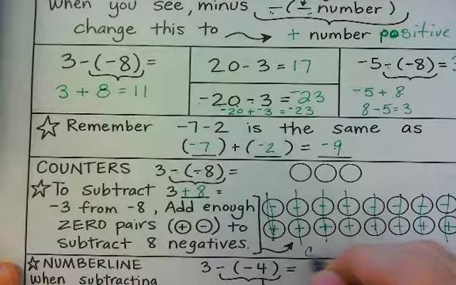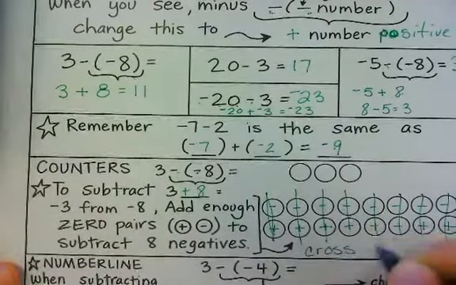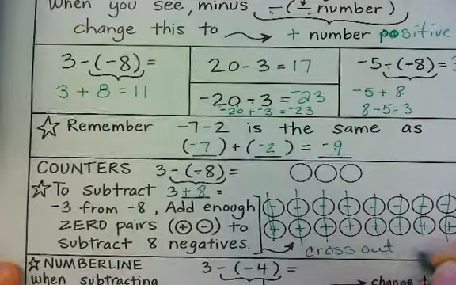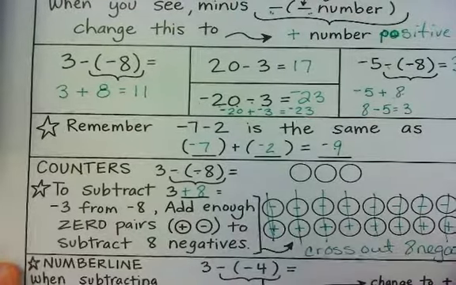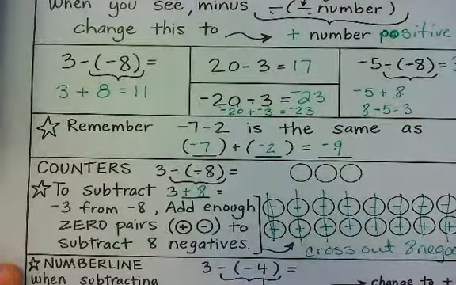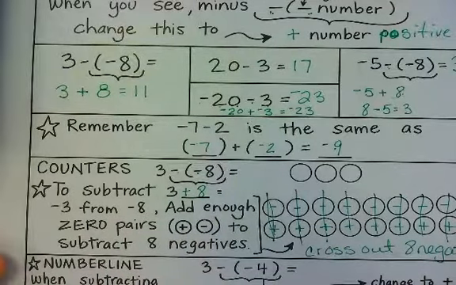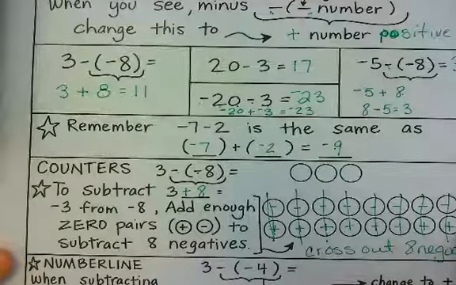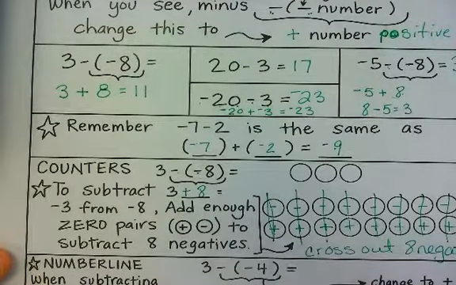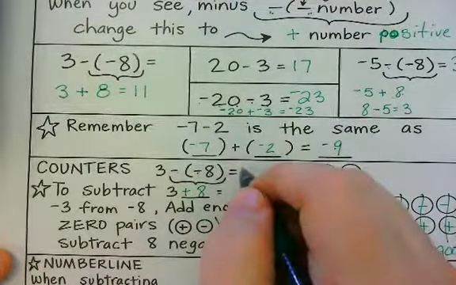So he crossed out the 8 negatives. So that gave us the 8 negatives that we had plus 3 more, which gives us 11.